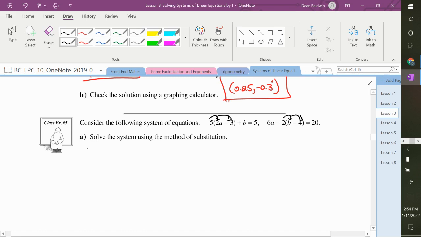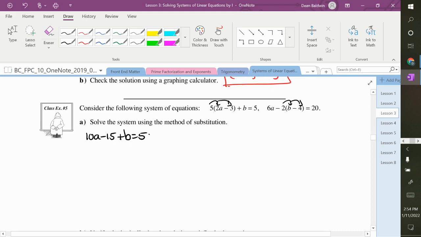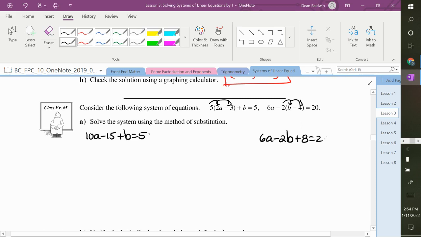So the first one, I'm going to get 10a minus 15 plus b is equal to 5. And the second one, I'm going to get 6a minus 2b plus 8 is equal to 20.